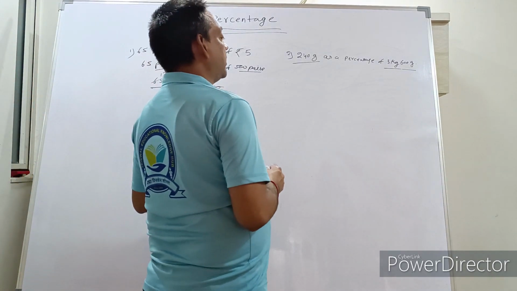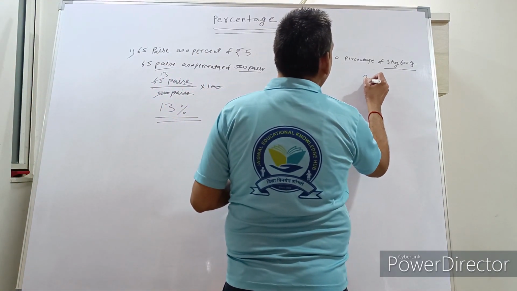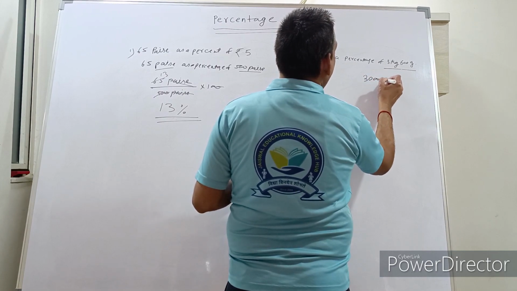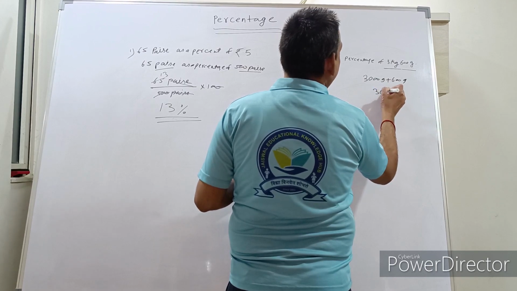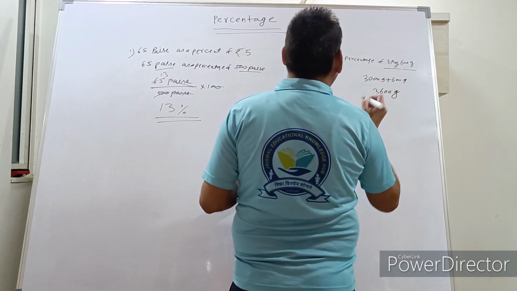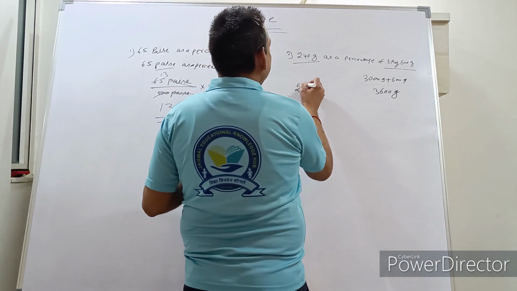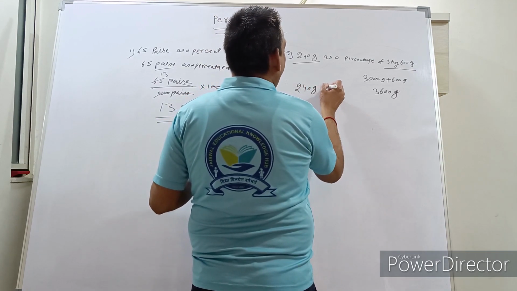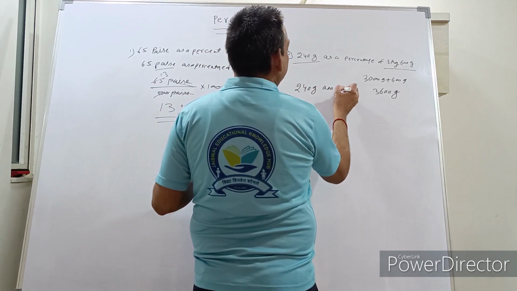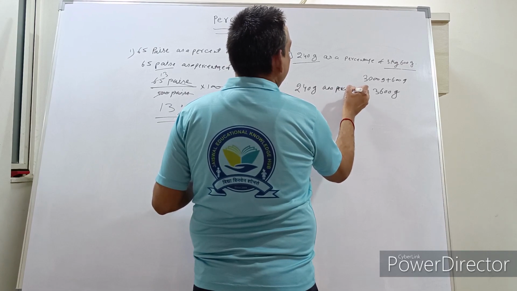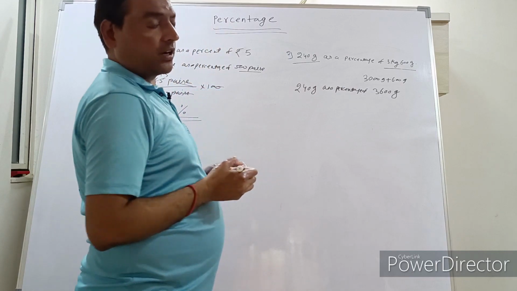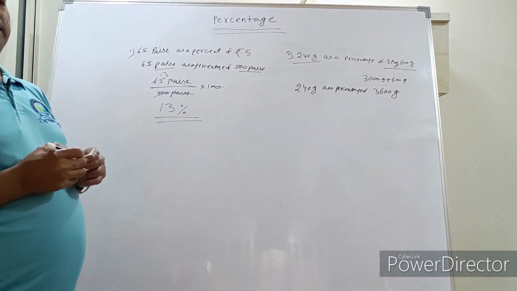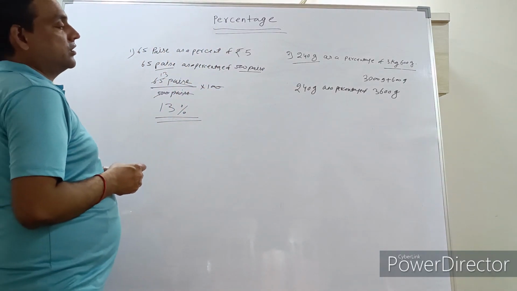So 3 kg is nothing but 3000 gram. 3000 gram plus 600 gram is nothing but 3600 gram. We have to find out 240 gram as a percentage of 3600 gram.